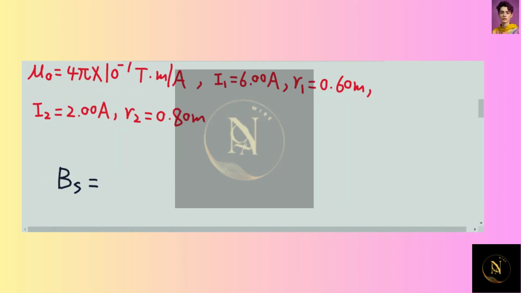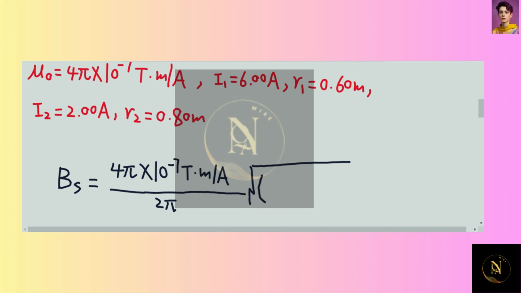So we can determine the magnetic field at point S, which is equal to 4 pi times 10 to the power of -7 Tesla meter per ampere over 2 pi, times the square root of (6.00 ampere over 0.60 meter) to the power of 2 plus (2.00 ampere over 0.80 meter) to the power of 2.